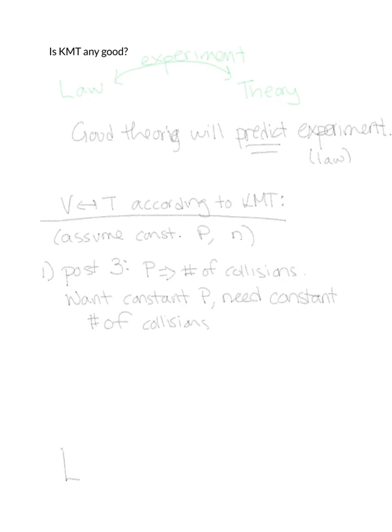So if in my before picture, at a certain volume and temperature, I have X collisions, my after picture, whatever that V2 and T2 is, had better have the same number of collisions. Here's another postulate I want to think about, postulate 5.